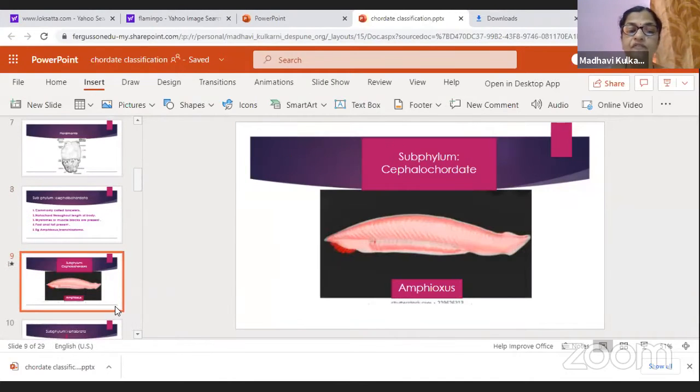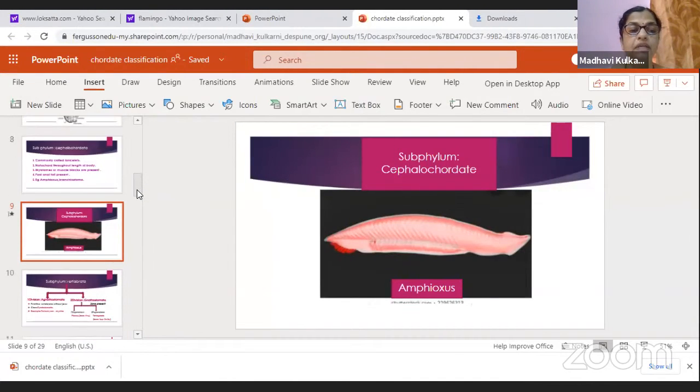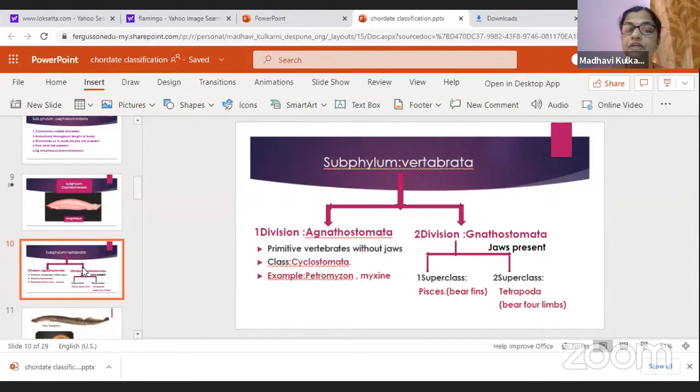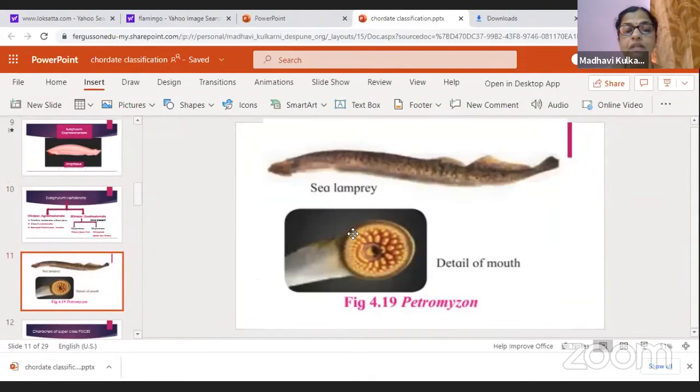Cephalochordates like Amphioxus have the notochord extending into the head region. Then we studied the classification of vertebrates, where Agnathostomata are animals without jaws, having a rounded mouth. The example I have shown is the picture of Petromyzon.